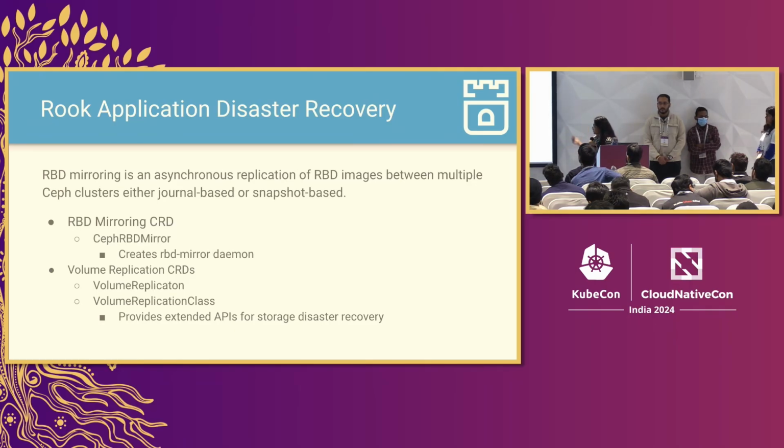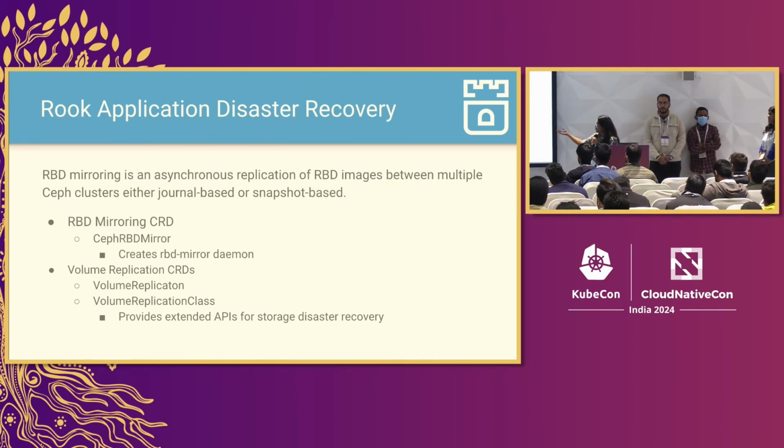And for carrying out the particular events, we have volume replication CRDs, where we create the volume replication class and volume replication CRs. You must be aware of PVCs and storage classes. Similarly, the volume replication class is similar to the storage class that we create, and volume replication is similar to the PVCs that we create.